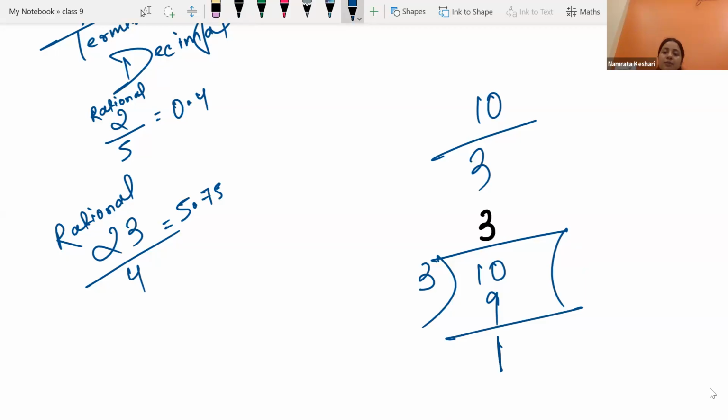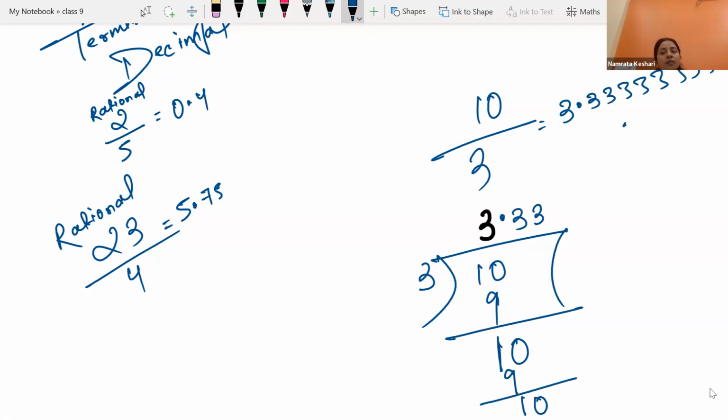If you put the decimal, you will be getting 10 again. Again 3 times 9. Again you got 10. Again 3 times 9. So are you understanding here the division is not getting stopped? Yes, ma'am. How many times? Infinite times.